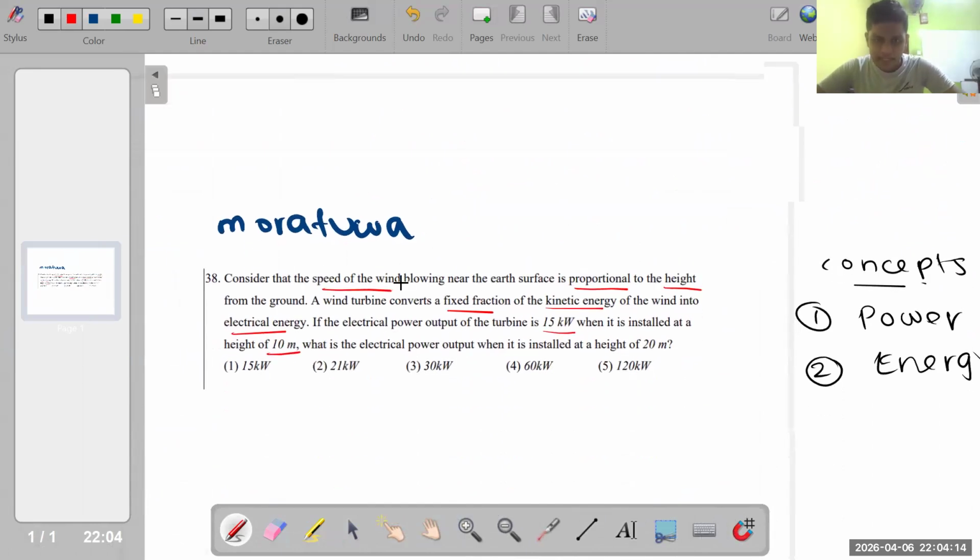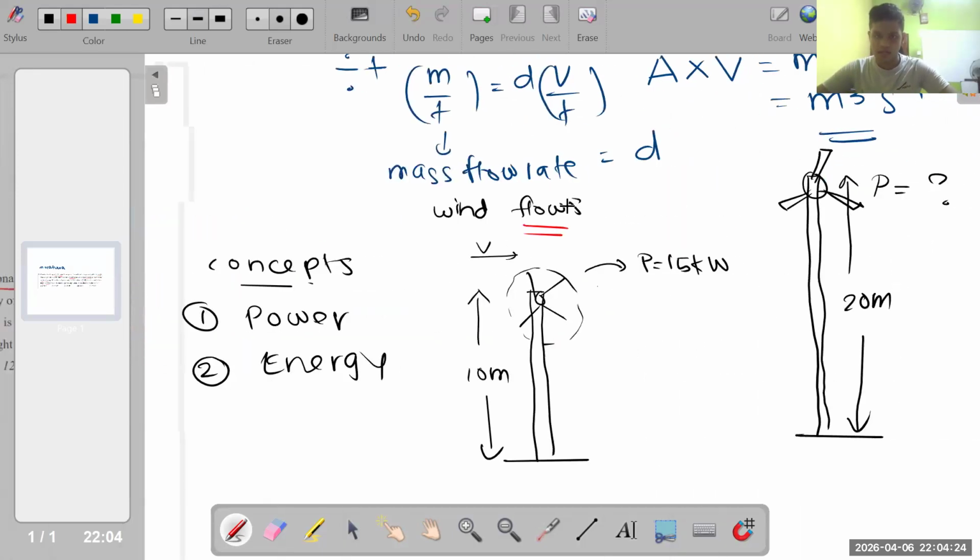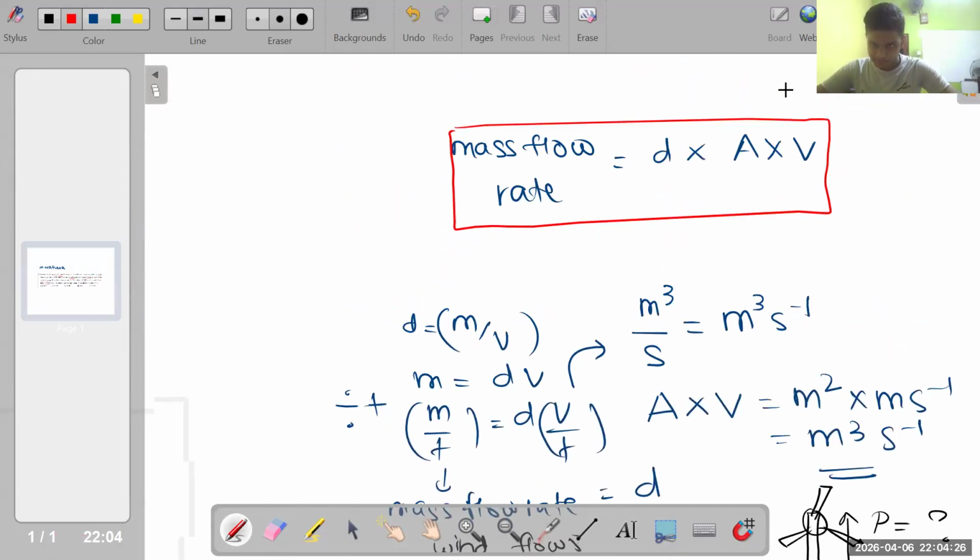They are saying that the speed of the flow is directly proportional to the height of the turbine from the ground. The velocity that is flowing is directly proportional to height.